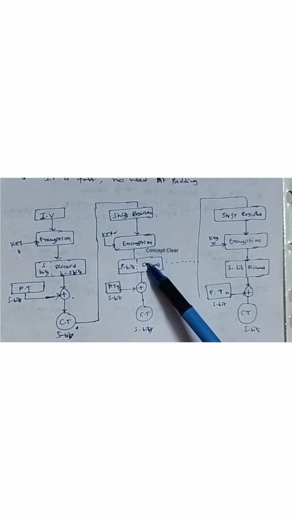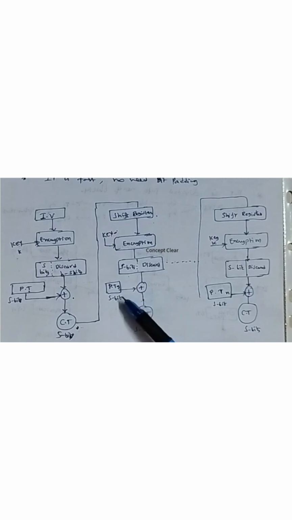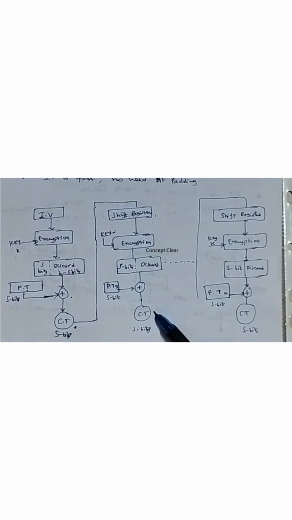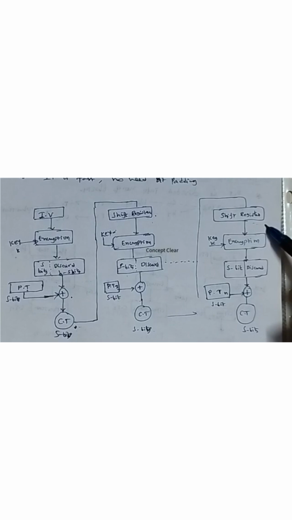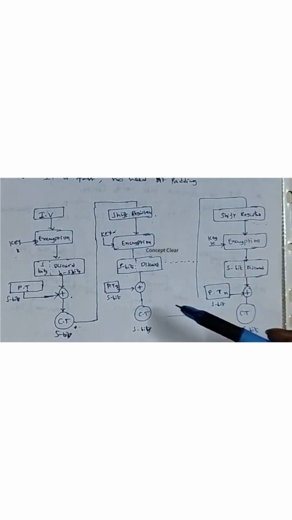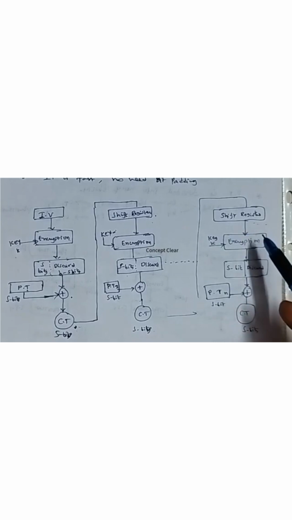In that ciphertext, we select S bits, and XOR them with the plain text to get ciphertext. Again these S bits go to the next round shift register. The same procedure is repeated up to the end of the last block. This is the first block, the second block, the nth block, and finally we get the encryption.